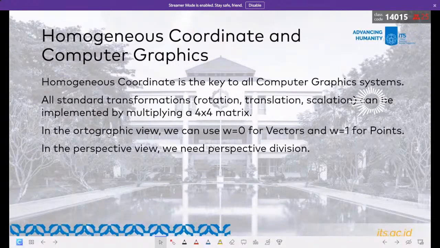And then we will later also need to learn about two different perspectives of view, two different viewpoints. The first one is orthographic. For this case, we can use a vector with 0, and this is the case currently.